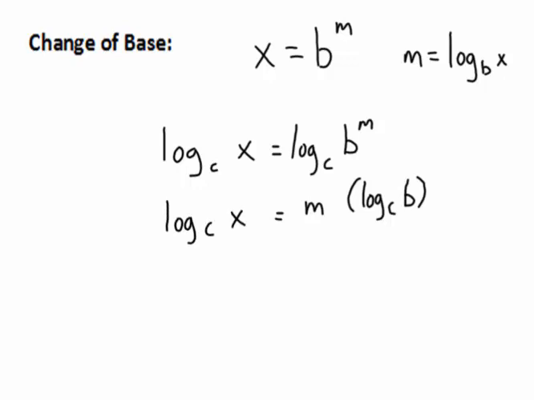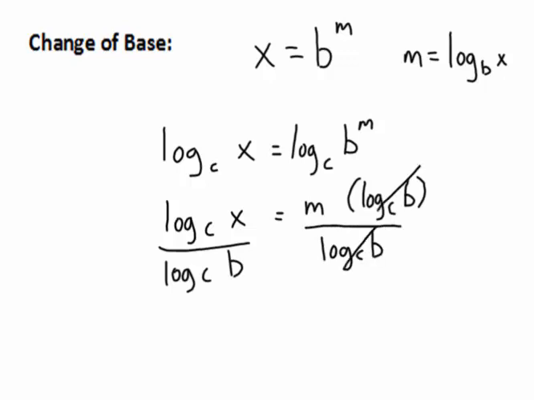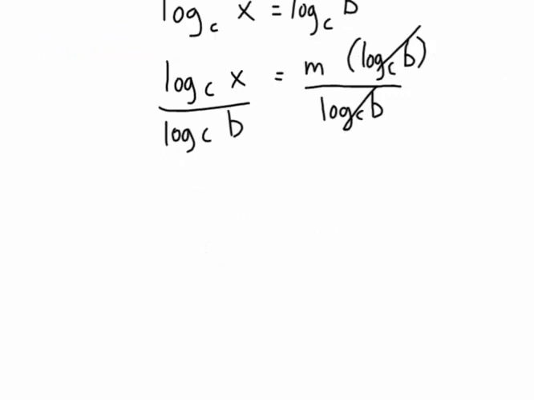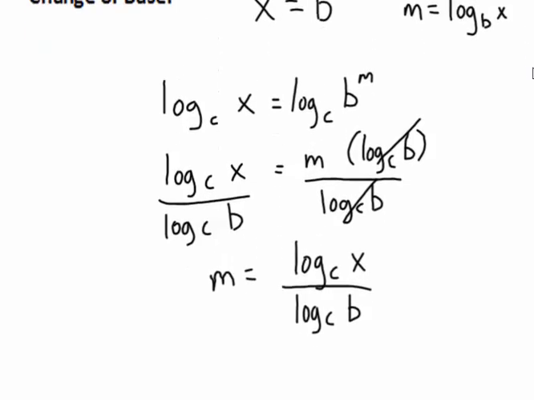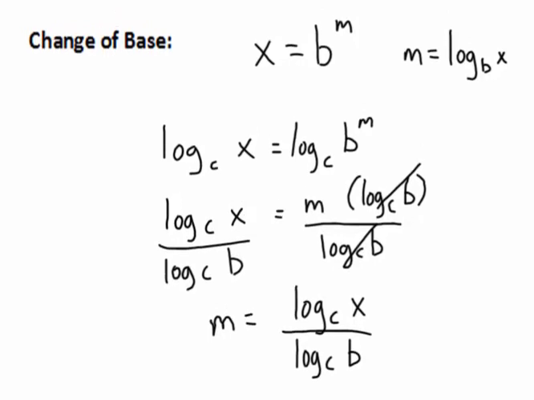And now let's solve this for m. If we divide both sides by log base c of b, this will get m by itself. And I'm just going to change it around so we have m on the other side. m equals log base c of x over log base c of b. But remember, m was the same as log base b of x.